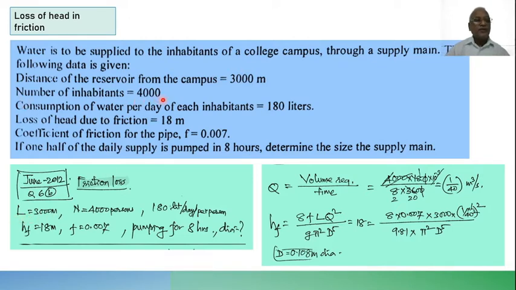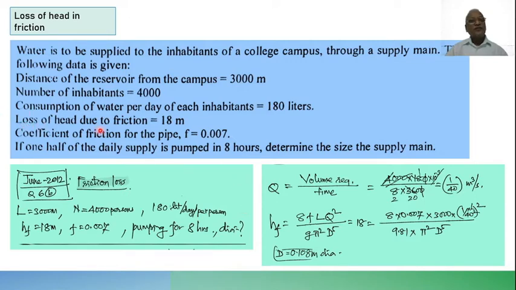Okay, number of inhabitants are 400. So number of persons involved 400. Consumption of water per day of each of the inhabitants is 180 liters. So requirement of water is 180 liters per day per person it is.